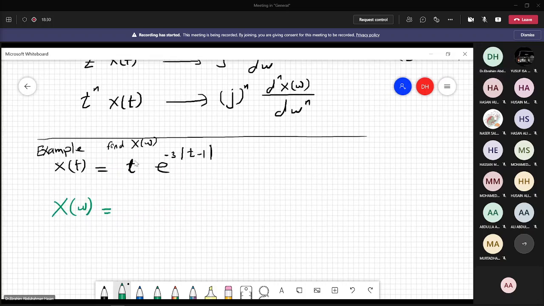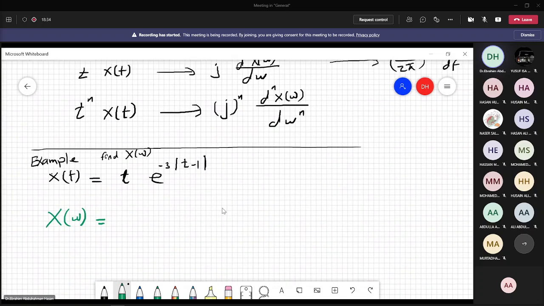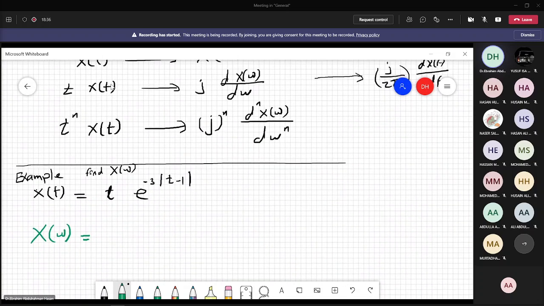since I have t multiplied by it, then directly x of omega is equal to j times the derivative with respect to omega of x of omega. So this is x of t, then this is my x of omega. So we need to find x of omega from x of t.